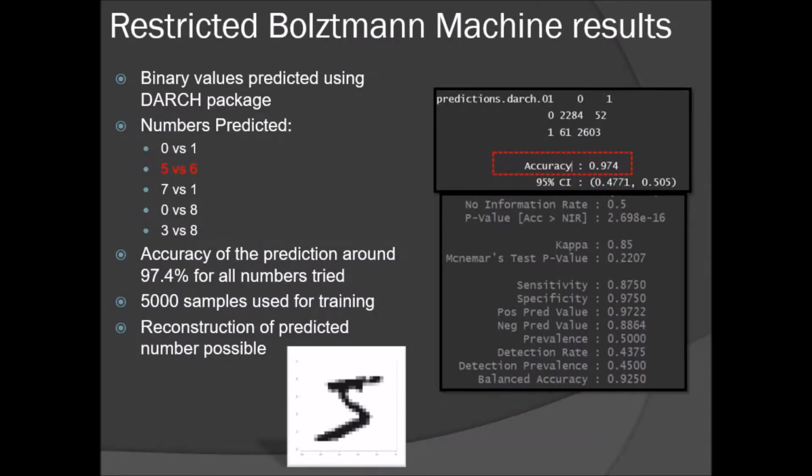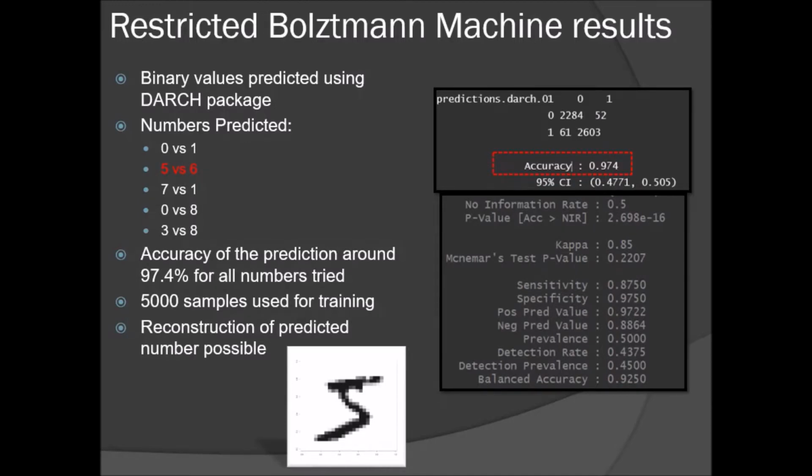So the restricted Boltzmann machine, after going through the binary data, I was basically comparing sets of numbers. I was giving it a set of zeros and ones and trying to see if it could guess if it was a 0 or a 1 that was represented in an image, or a 5 against a 6, or a 7 against a 1.